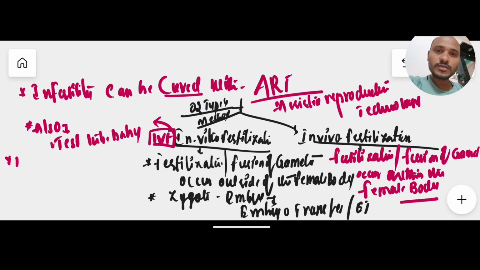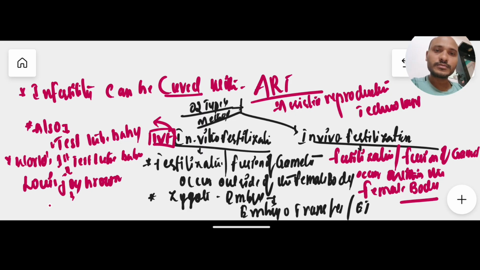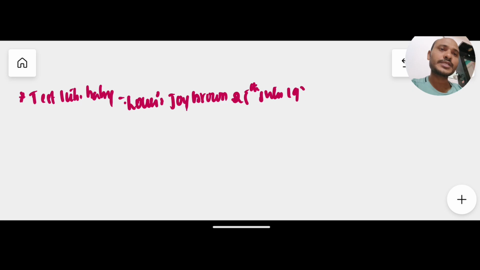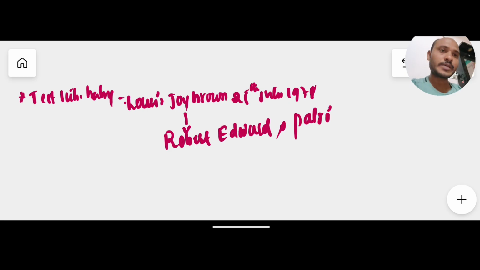Do you know the world's first test tube baby was Louise Joy Brown, on 25th July 1978 in England, United Kingdom. This first test tube baby was created by two scientists, Robert Edwards and Patrick Steptoe.